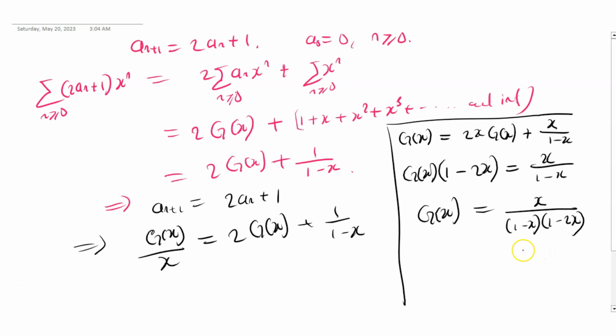Now the next step is that we're going to express g of x in partial fractions, and once this is done, we are going to pick out the coefficient of x to the n in the expansion. So let's flip over to the next board. To do this, we're going to expand g of x in partial fractions.